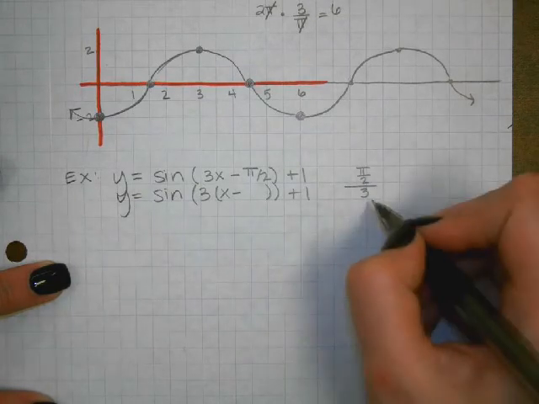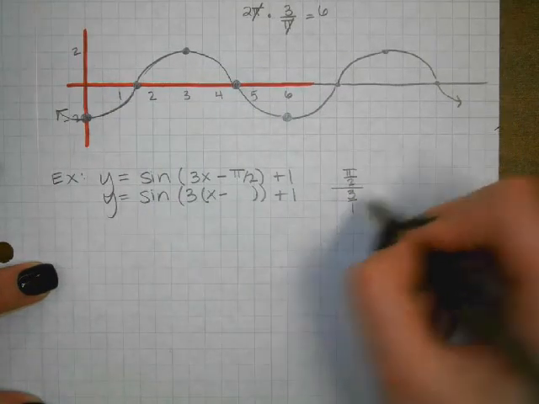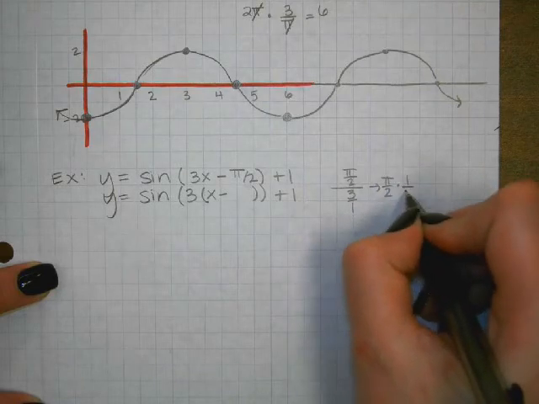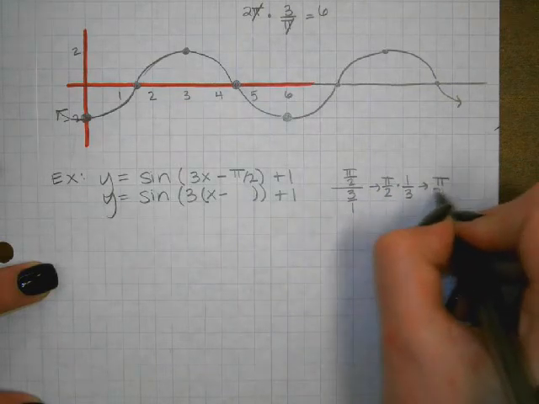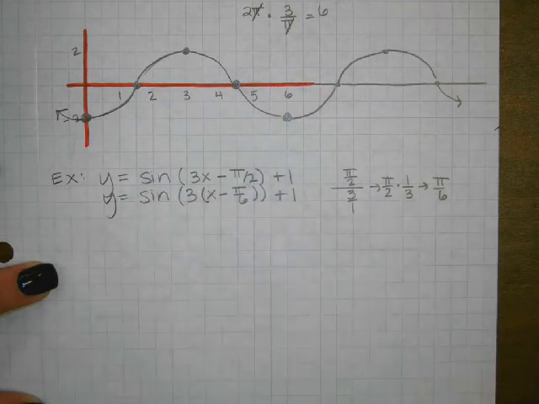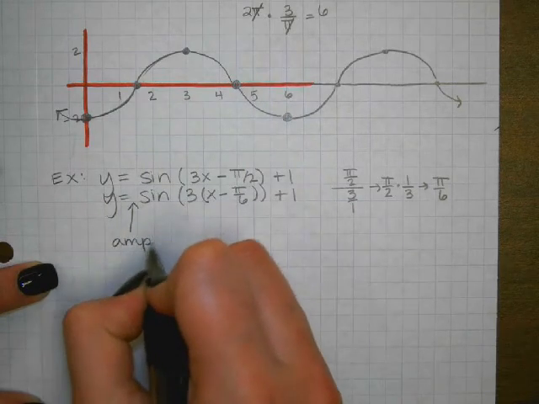And the reason for that is we think of this as 3 over 1, and we would do keep it, change it, flip it. So pi over 2 times 1 over 3 is pi over 6. Okay, so pi over 6. Here there's no number in the front, so that tells me I have an amplitude of 1.